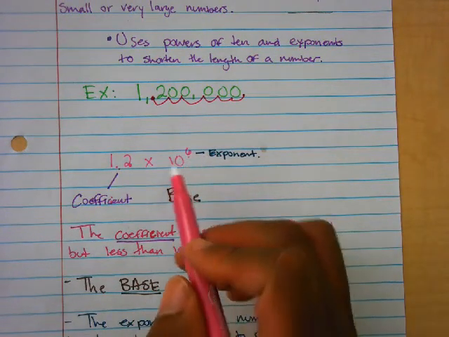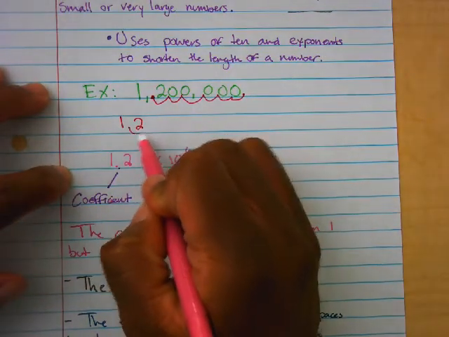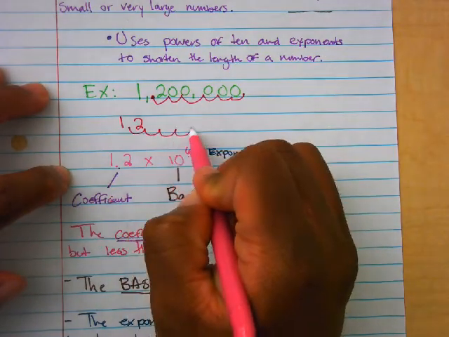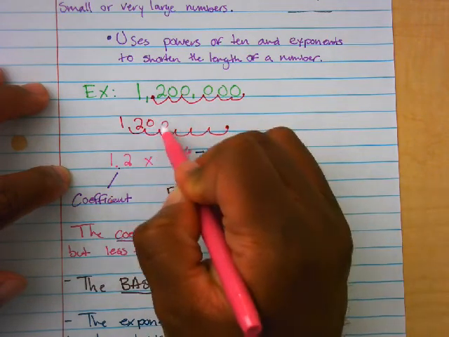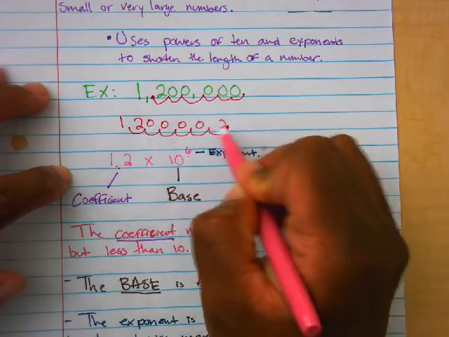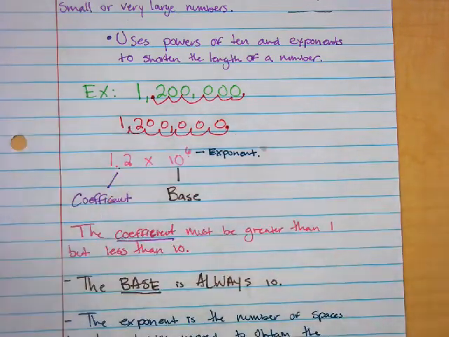I would move 1, 2, 3, 4, 5, 6 spaces to the right, fill in these empty spaces with zeros, and I would again be back to my original number of 1,200,000.